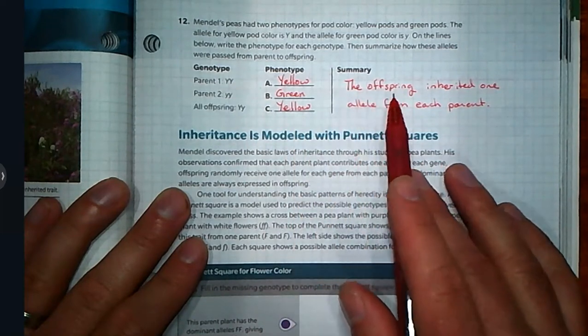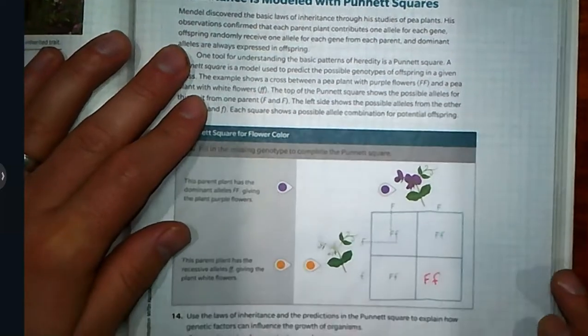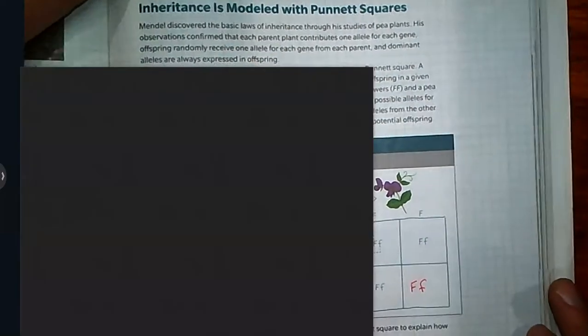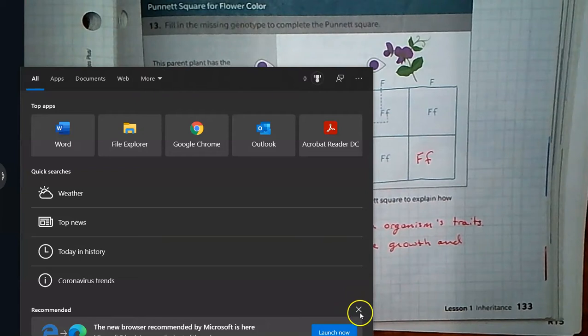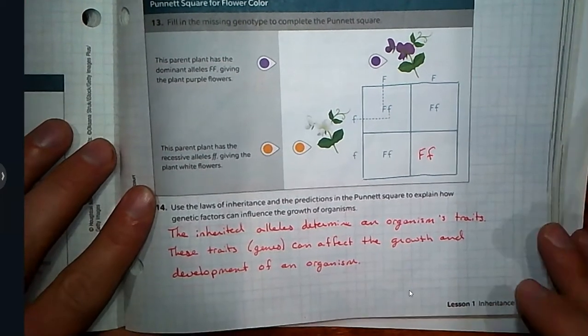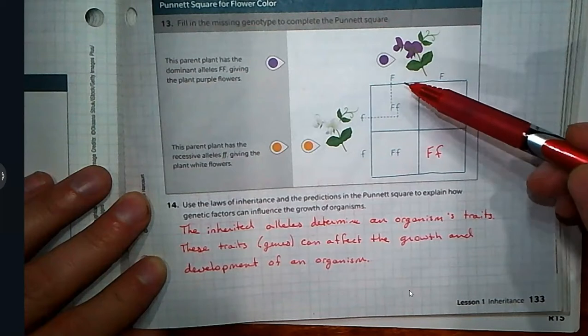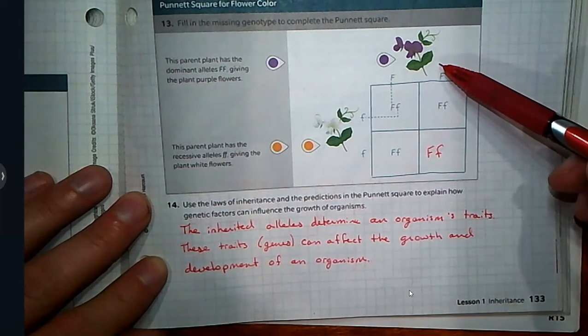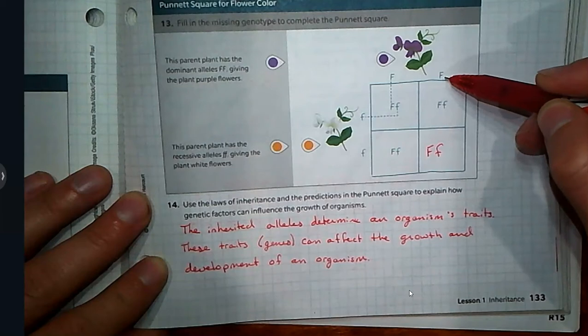The offspring inherits one allele from each parent. How we test this is through a Punnett square. If we look at this Punnett square, this is pretty simple. We kind of did this with that Penny Genetics lab, but we take a genotype at the top.